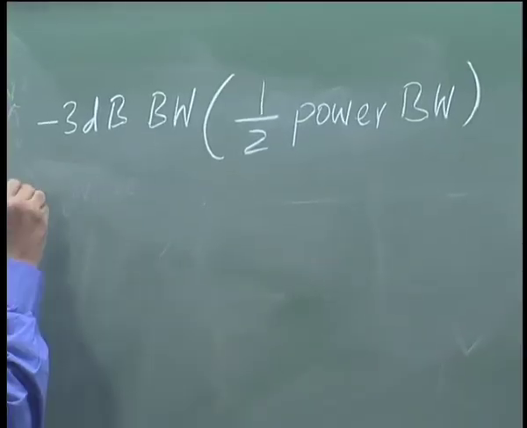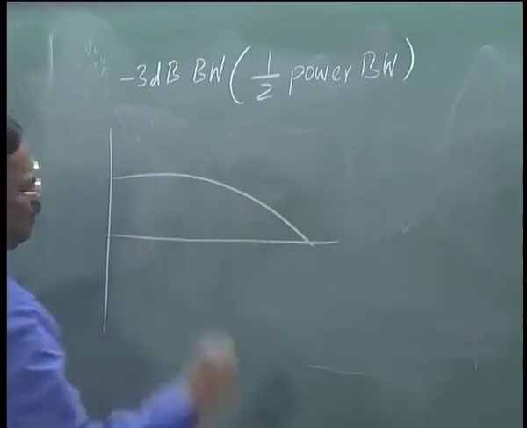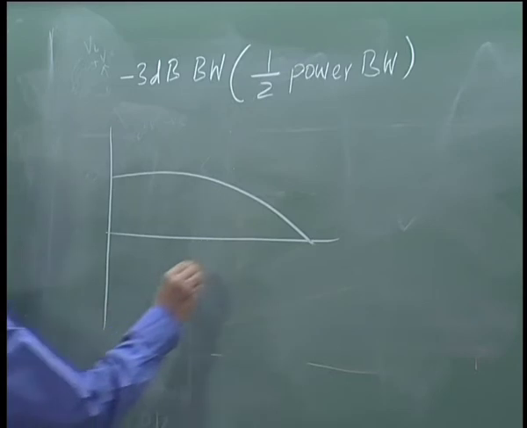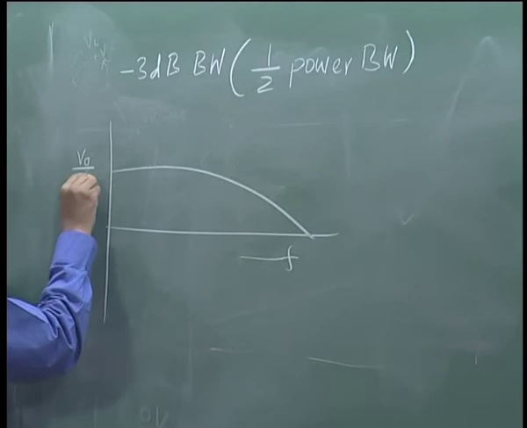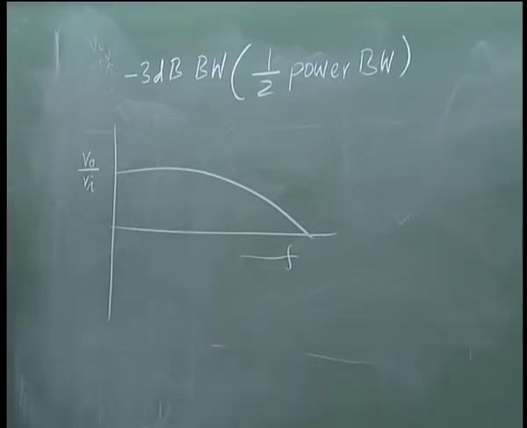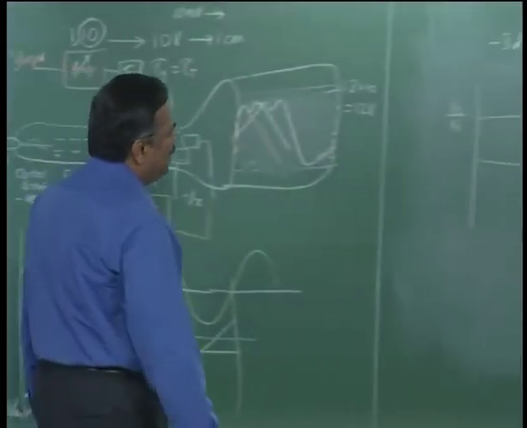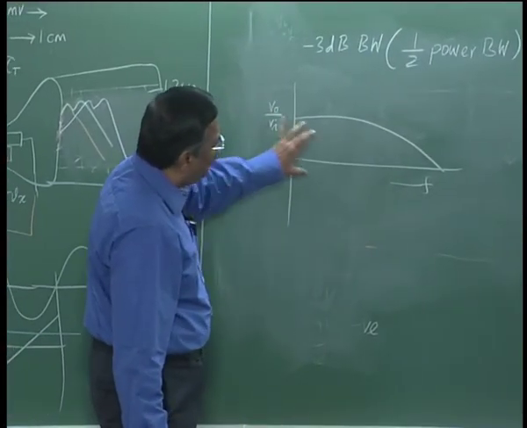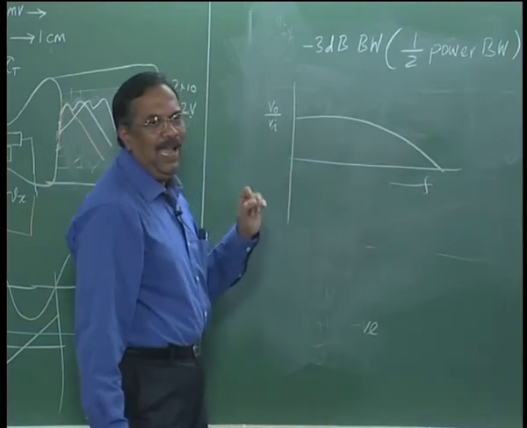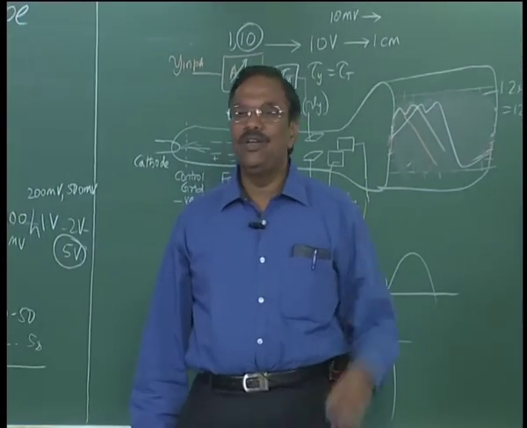Because when I look at a typical amplifier, its response with respect to frequency f, its gain V naught by V i, could be something like this, a low pass characteristic. Then we should say that the amplifier passes up to a certain frequency and stops passing frequencies beyond that point.